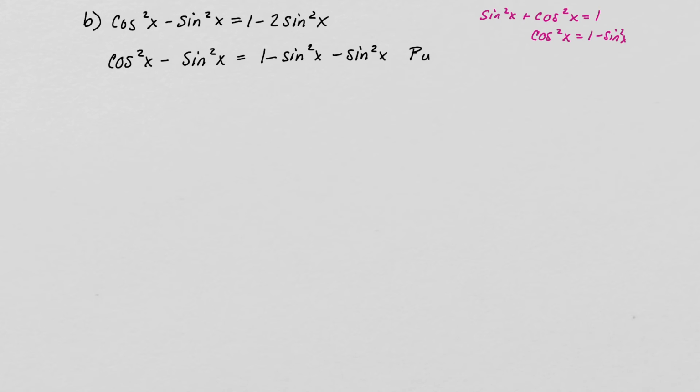All I did there was the Pythagorean identity. Then minus sine squared x minus sine squared x means I have 2 of them. So this is 1 minus 2 sine squared x, which is exactly what we wanted to prove. That's exciting. All we did from step 1 to step 2 is a little bit of algebra, so it's not too bad.